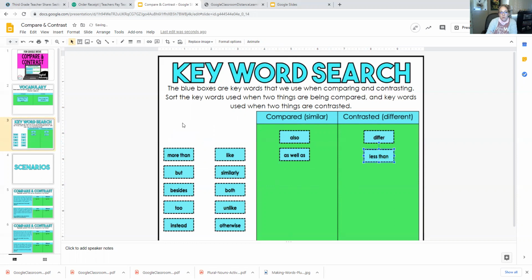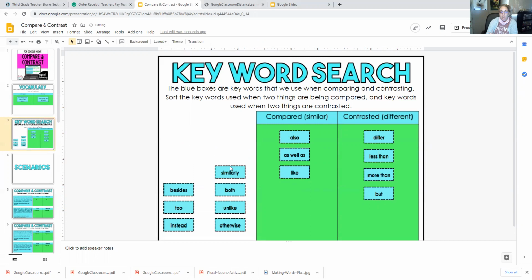Those words tell how things are different. More than would be a contrast word. I have more than that or less than that tells how things are different. Like, it is like that, is a comparing word. But would be a contrast word.